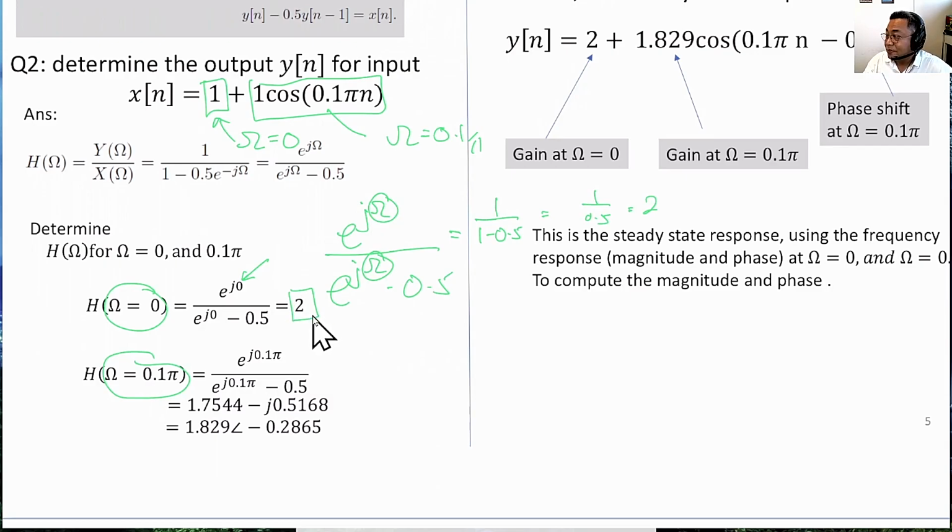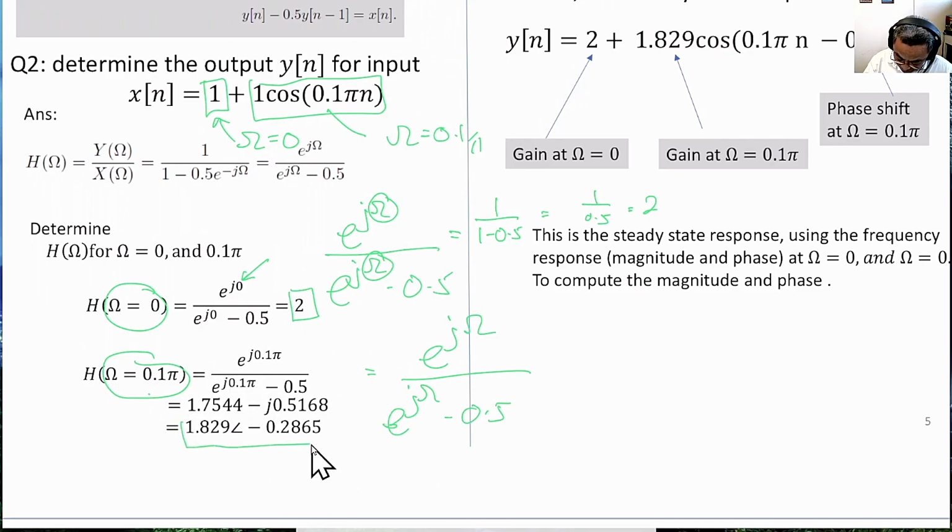That's it. And then of course you can substitute 0.1 pi into the same e^{j omega} and e^{j omega} minus 0.5. So you substitute 0.1 pi here and 0.1 pi here, and then you have this. So please use a calculator that can do complex number division so that you get this.